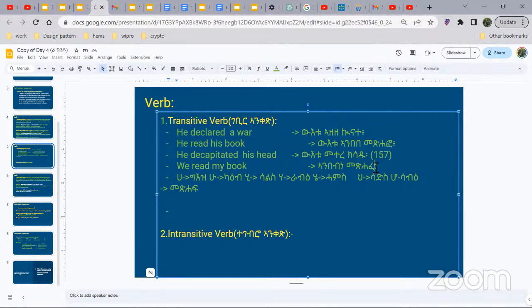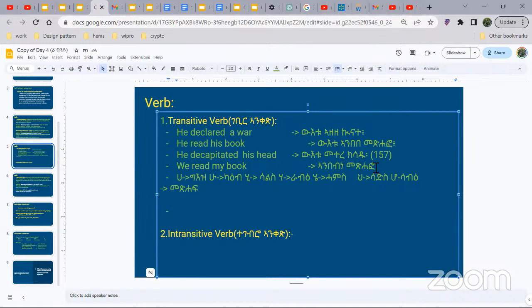What if you want to say we read his book? The same thing: አንበብነ መጽሐፎ. What if we just said we read a book? Would it be the same thing? That means reread my book and reread a book are different. When we read a book, the possession of the book is not known at this time.